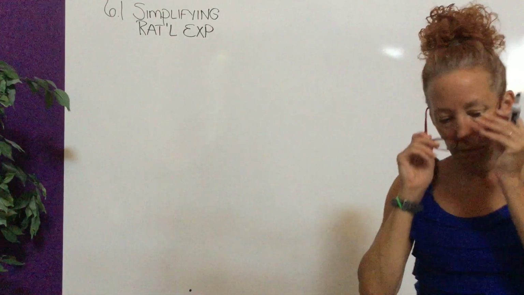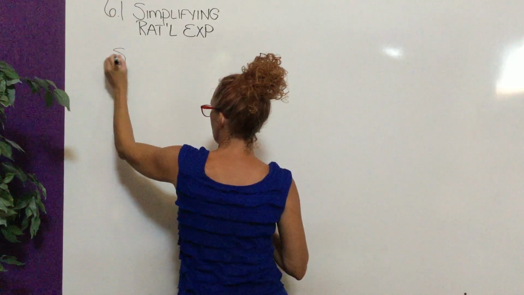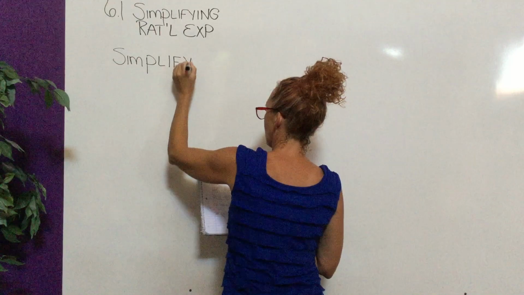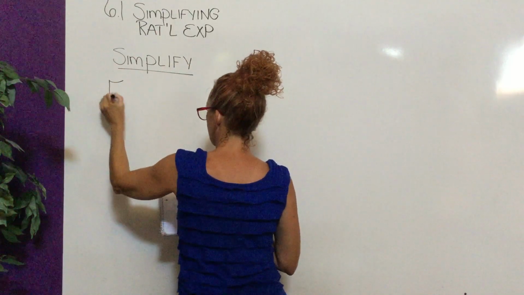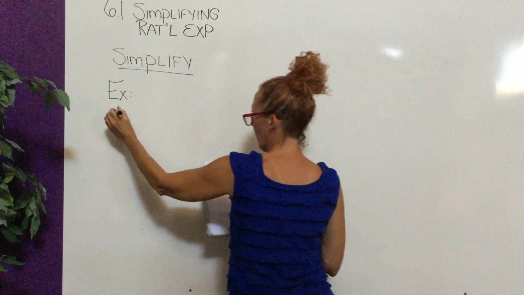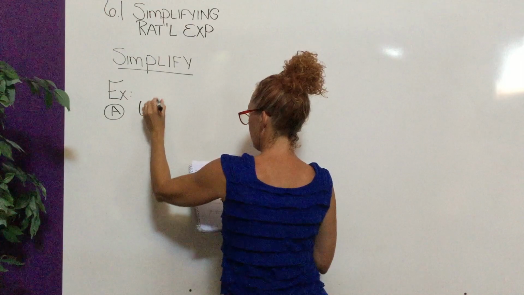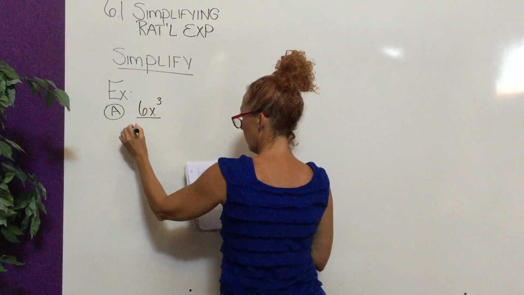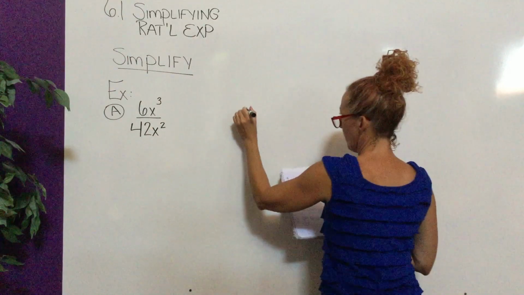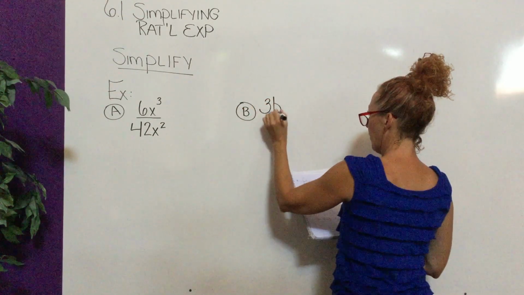So here's our first example, and our instructions throughout the rest of this section is to simplify. If I forget or intentionally don't write that over and over again, so here's my example A. And here's my example B, and I'll just write a few of these.